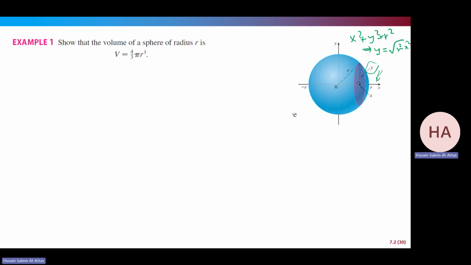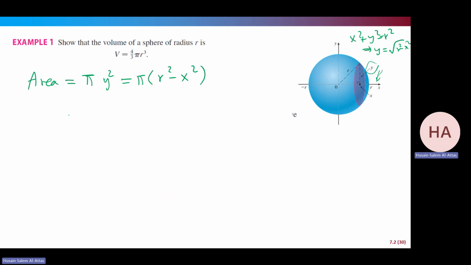That will be my y. So what will be the area? It will be pi r squared, pi y squared in this case, which is the radius. When I put the solid this way, that will be pi times r squared minus x squared.